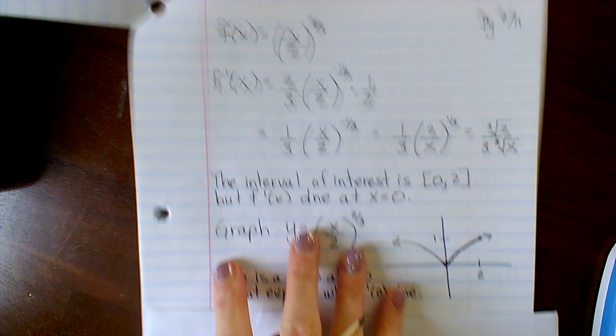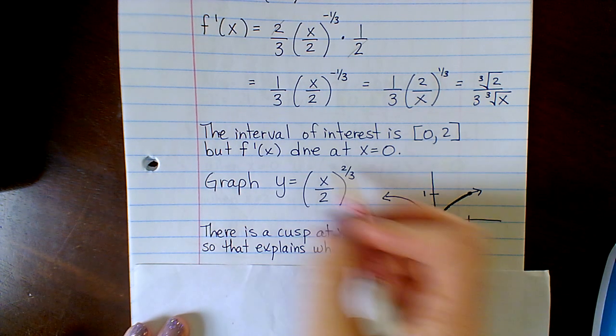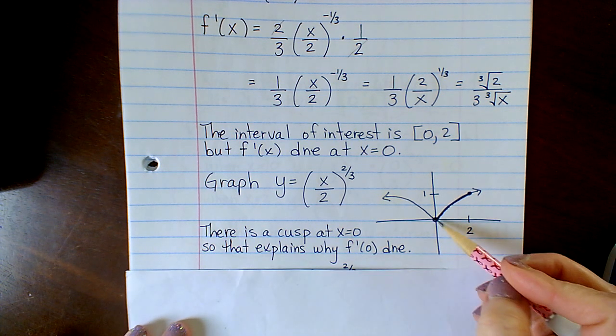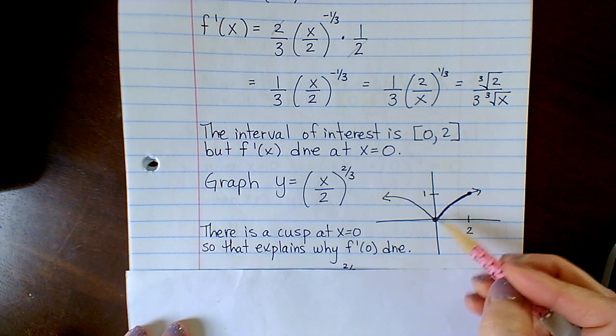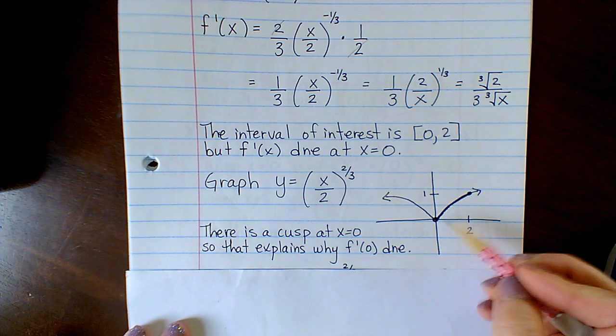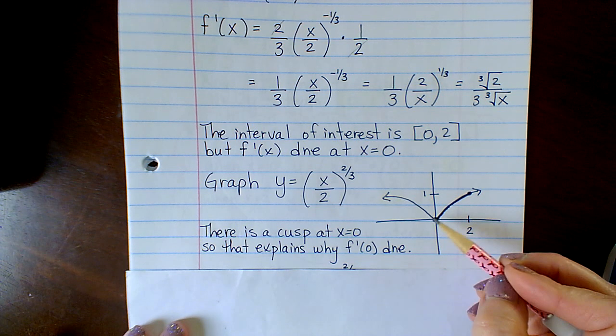So let's see why. If I graph the original function, that's what it looks like, and from 0 to 2, there's the piece right there. It looks perfectly fine, right? You're like, yeah, I can find the arc length of that. What's the problem? The problem is there's a cusp at 0.